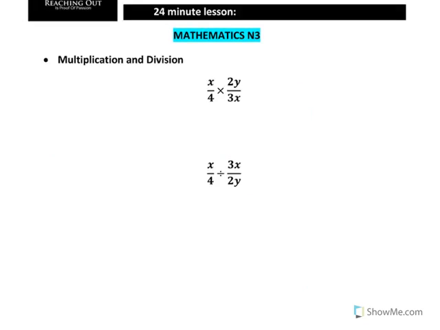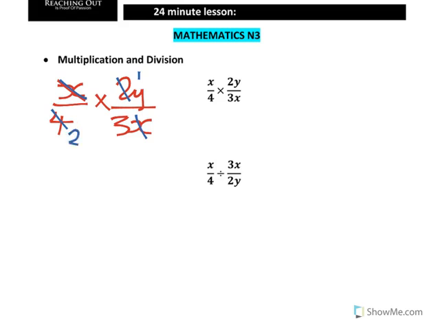This is the same when you are given a problem like this: x over 4 times 2y over 3x. What we can do is cancel across like this. X there, we'll cancel that x. 2 into 2, 2 into 4, it's a 2. So now you multiply: there is a 1 times 1y. You are multiplying everything on top.